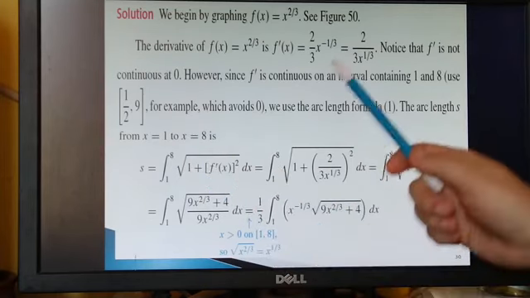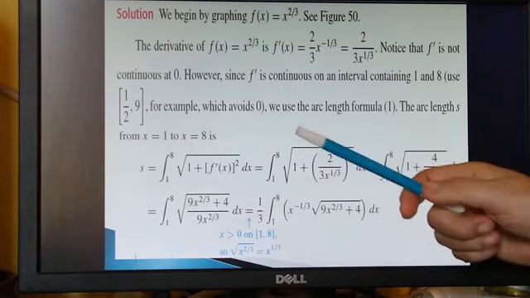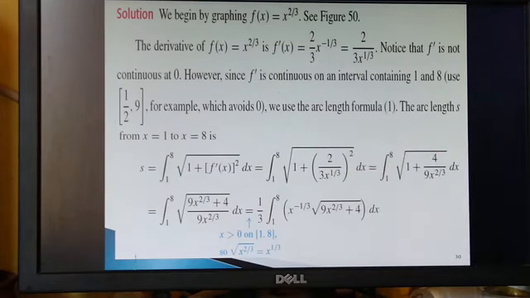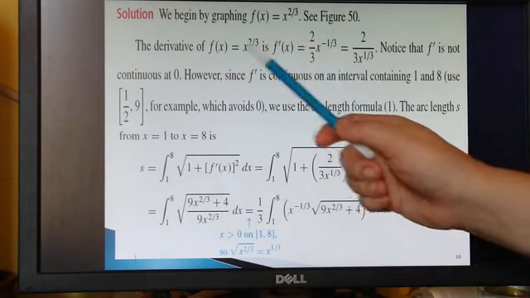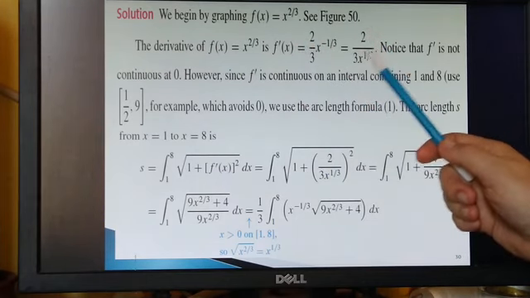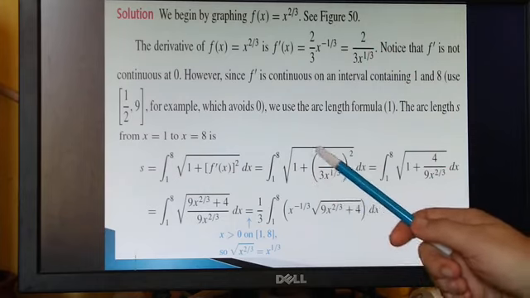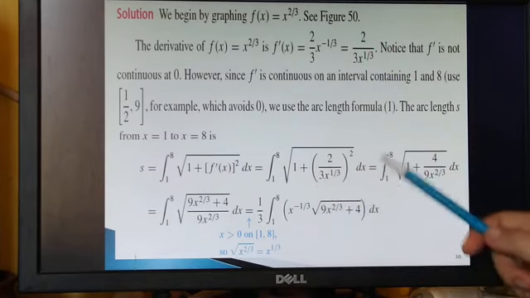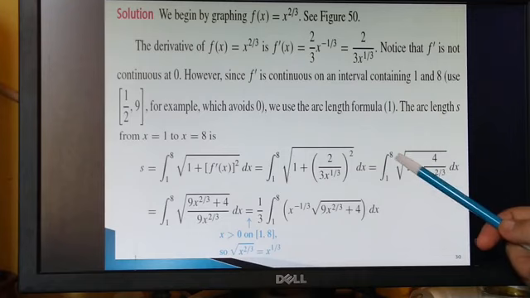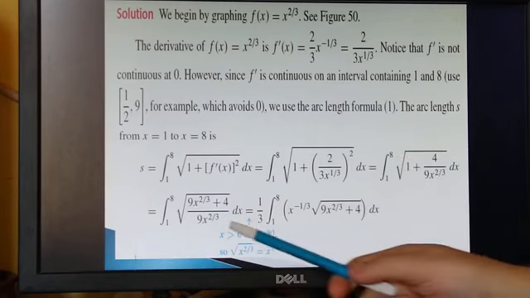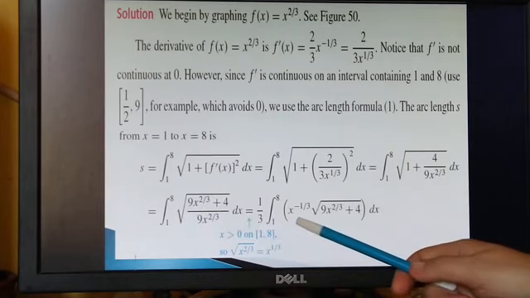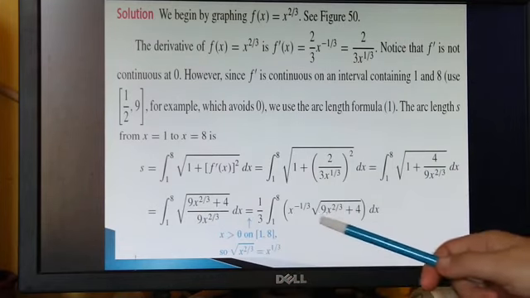It is very easy to find that, because the f prime x is actually 2 divided by 3 x to the power minus 1 over 3, but we take the square. By using very simple calculation, we have this integral. I don't want to go into detail. By using a definite integral, we have that one.